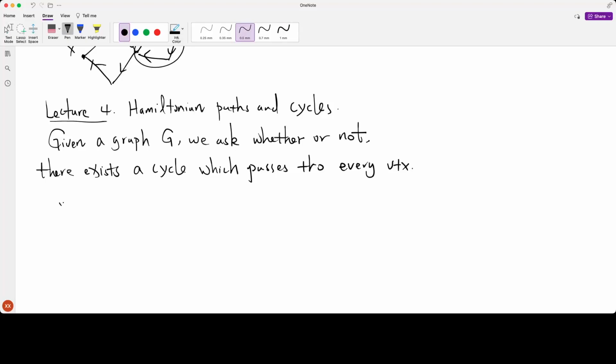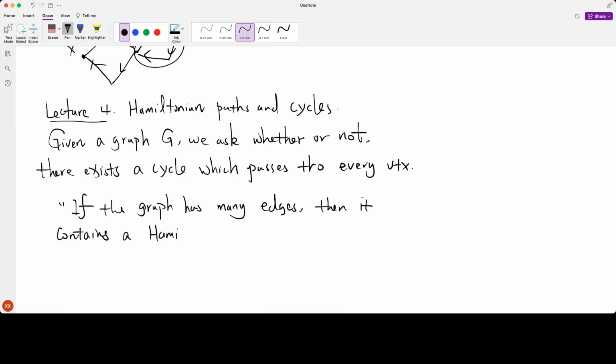So basically, usually the conditions are like this: if your graph has many edges, then somehow it contains a Hamiltonian cycle.